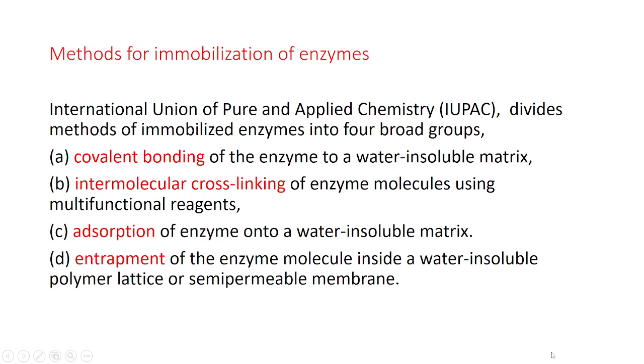There is a covalent bonding between the enzyme and the matrix. Intermolecular cross-linking of enzyme is taking place using some multifunctional cross-linking reagent, so that there is a cross-linking happening between the enzyme molecules. You'll see this in detail.